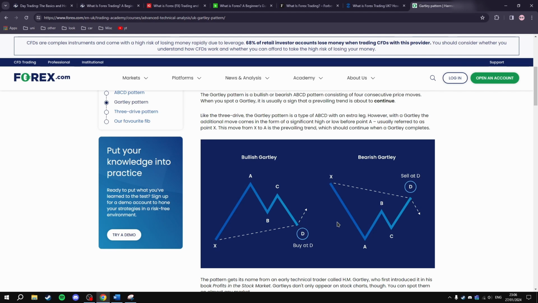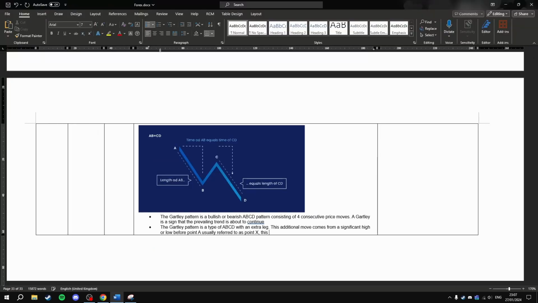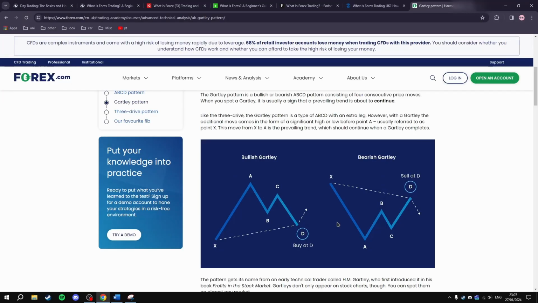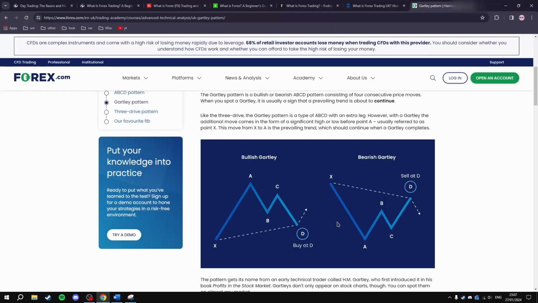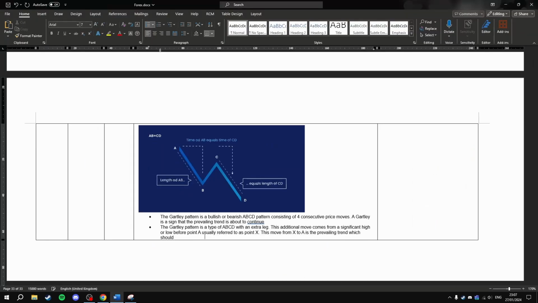Right. This move from X to A is the prevailing trend, which should continue when a Gartley completes.